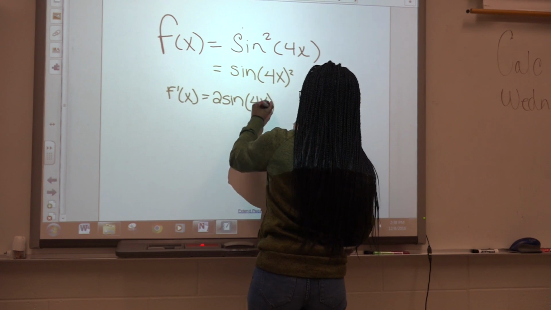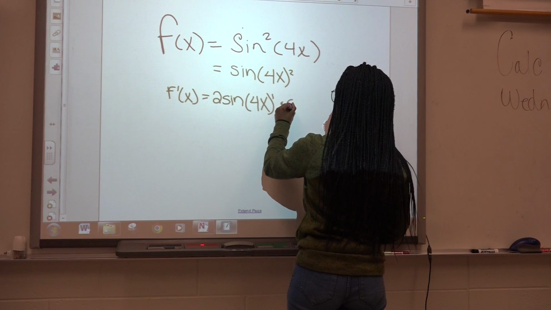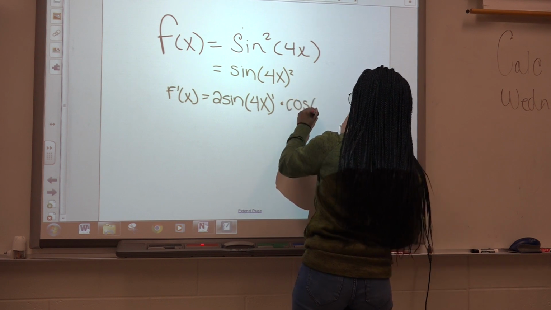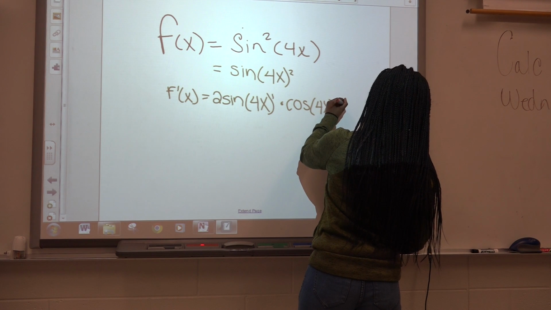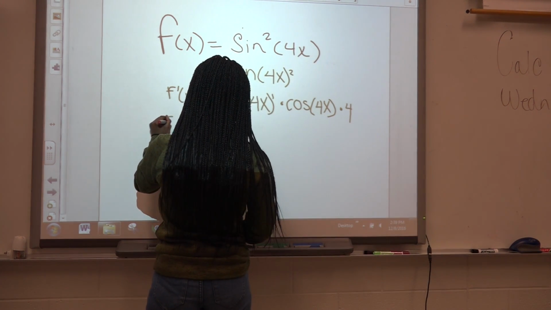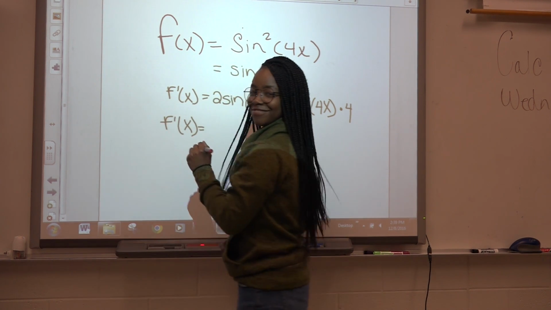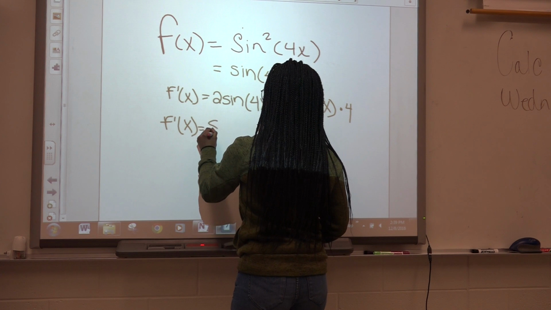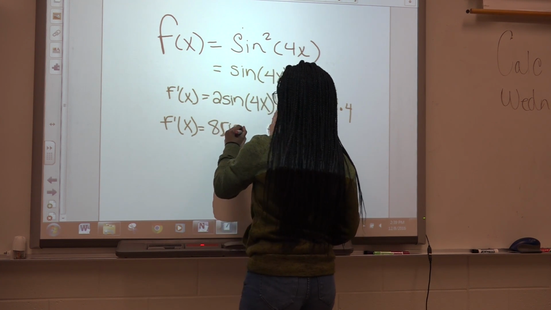Then you would multiply that by the derivative of what was inside of that, which is cosine of 4x. And lastly, you would multiply that by the derivative of what's inside of that, which is 4. In the end, you should get 8 sine 4x times cosine 4x, because if you multiply all of that together, that will be your answer.